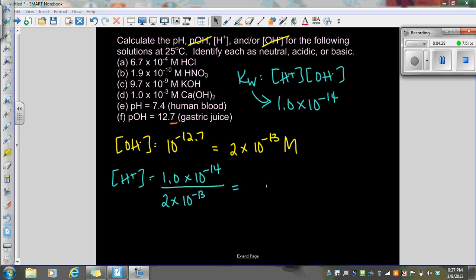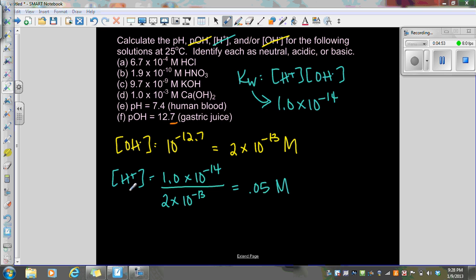Okay, so when I divide, I got 0.05. I need to check sig figs. I have one sig fig here, so I need one sig fig with my answer. It is a concentration, so I need units for that. Okay, so now I've got hydrogen ion concentration.